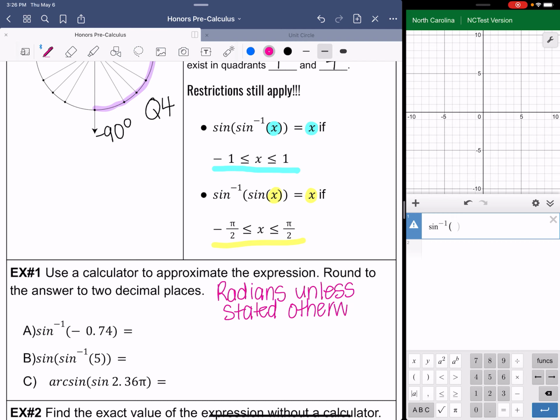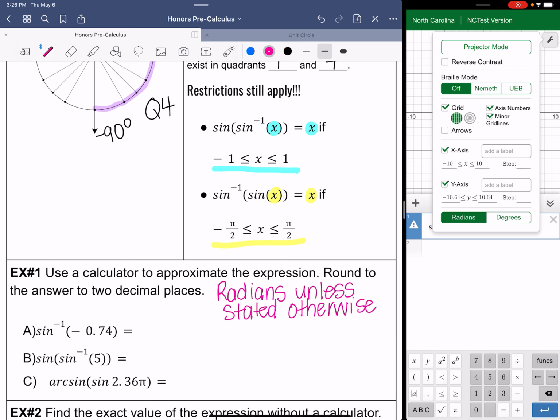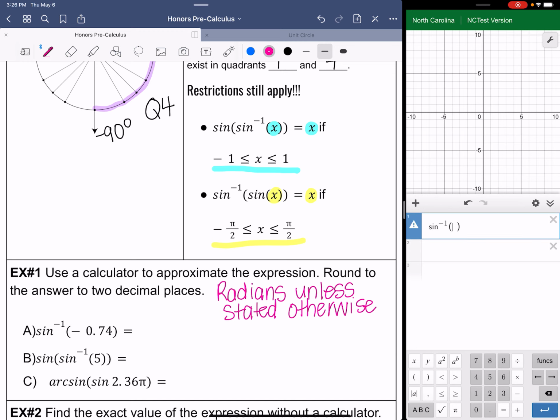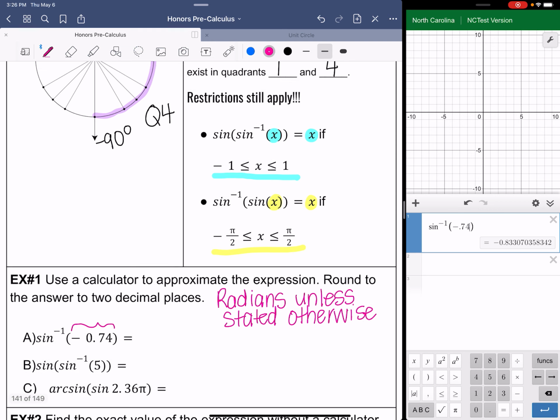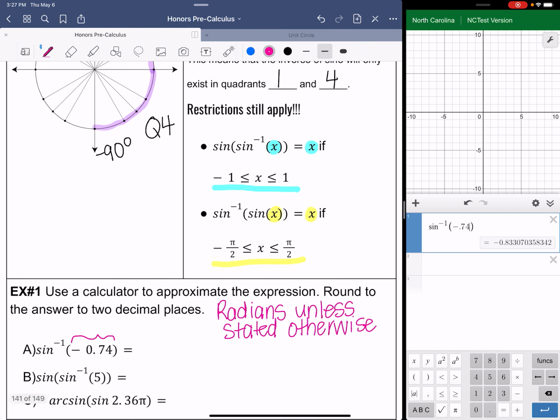All right, now with that being said, I need to make sure that my Desmos calculator is in radians, and I'm going to put in 0.74. Now, I know this is going to work because this 0.74 right here, my domain value, is between -1 and 1.